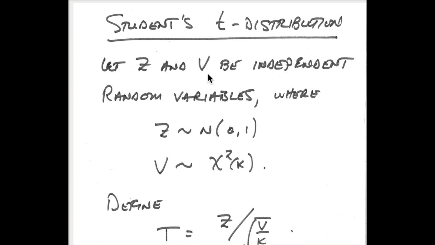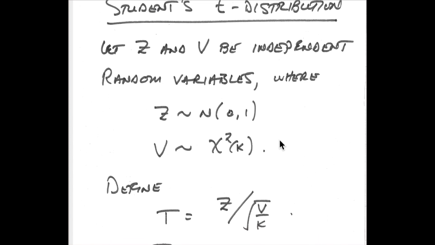And let's let the random variable v have a chi-square distribution with k degrees of freedom. So this is the distribution we just looked at, and this is another reason why we had to look at the chi-square distribution first. So we have a standard normal random variable, we have a chi-square random variable with k degrees of freedom, and we're assuming here that z and v are stochastically independent.